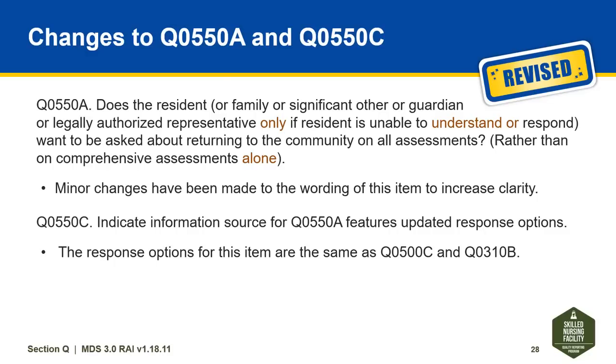Minor changes have been made to the wording of this item to increase clarity. Q0550C, indicate information source for Q0550A, features updated response options, which are the same options as for Q0500C and Q0310B.